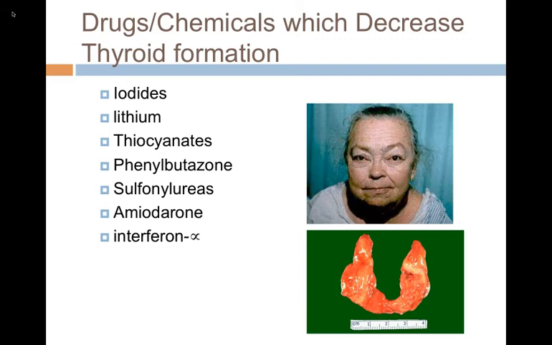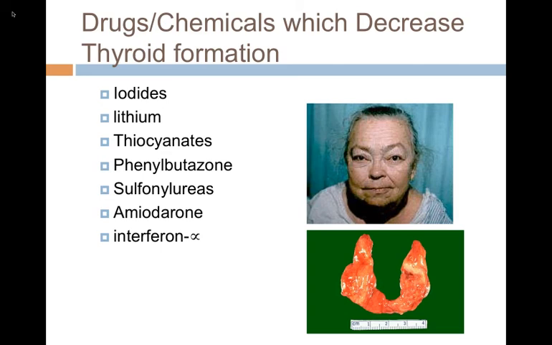Things that will decrease thyroid formation: iodides. Lithium inhibits thyroid from working properly. Thiocyanates is what we use to treat hyperthyroidism. Phenylbutazone, sulfonylureas, amiodarone. Remember, amiodarone has iodide in the structure itself, so it acts like an iodide in this case.